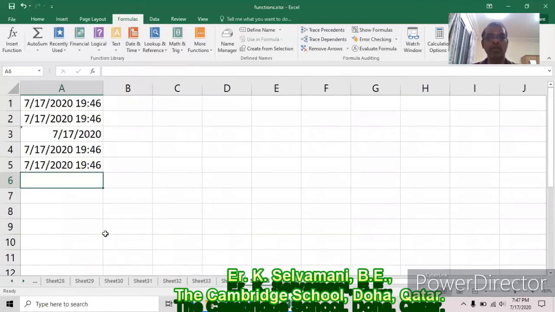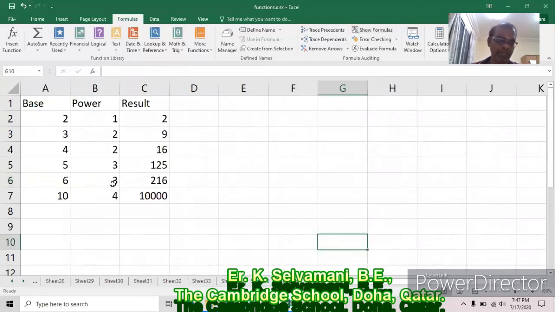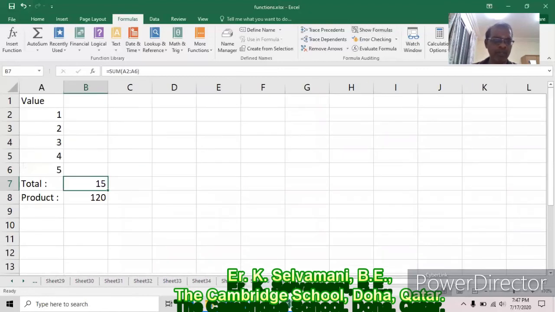Then equal to NOW returns current date and time. TODAY returns the current date alone. Then POWER, base as well as power, gives the result. See the formula, equal to power of A2 comma B2. A2 is the base, the second one is the power. And then PRODUCT, equal to product means multiplication.